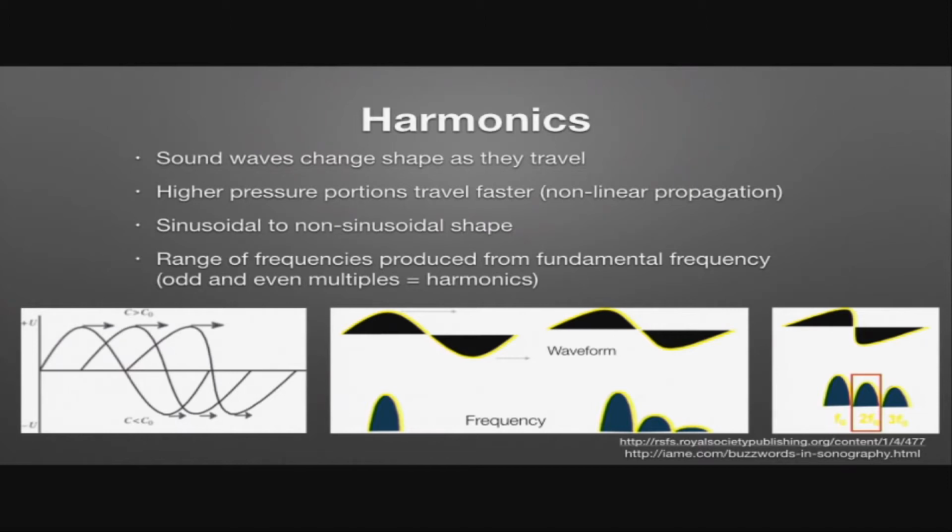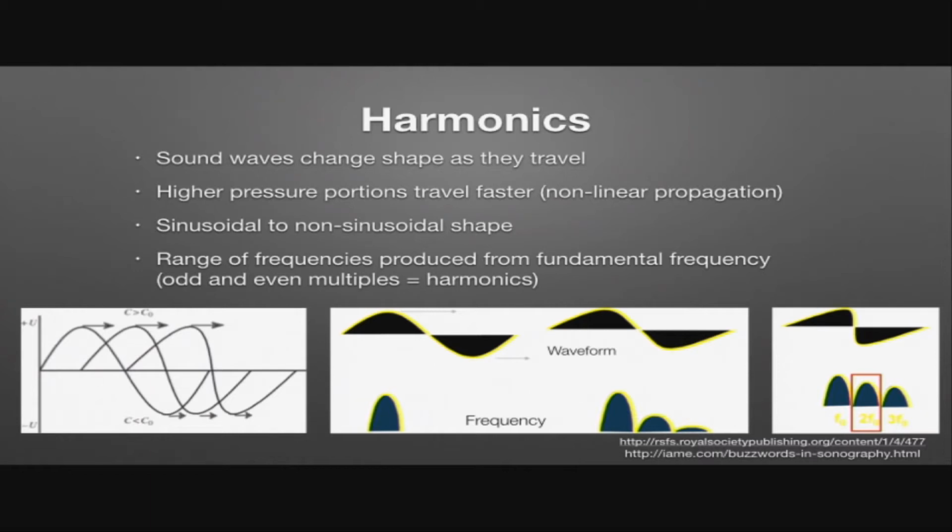Okay, so harmonics are all about trying to improve the image quality, and most high-end machines will use harmonic imaging to improve the quality of the display. So as a sound wave travels through tissue, it changes shape.